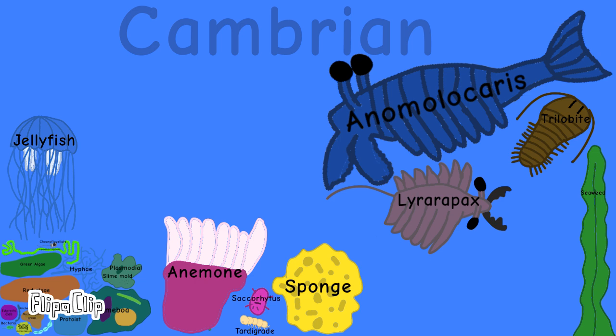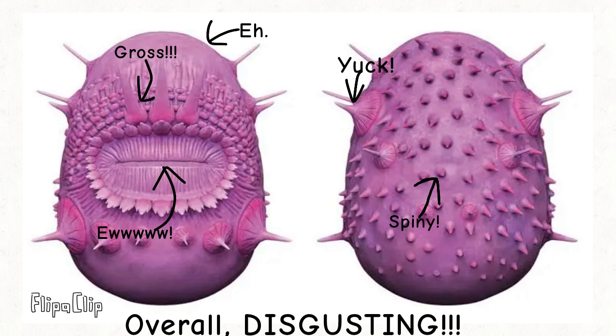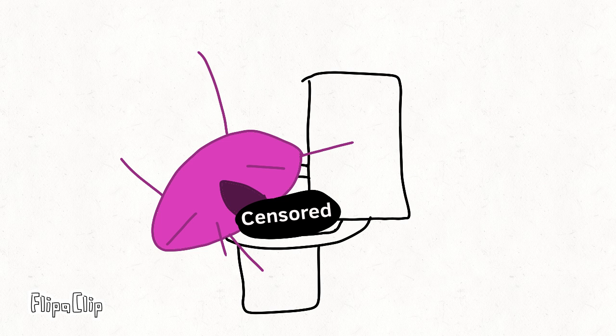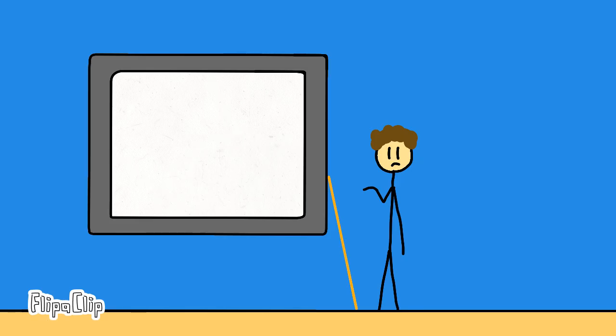Saccharidus, pretty much one of the weirdest animals in this video. I mean, it poops out of the same hole that it eats, which, again, is extremely weird. Luckily, these guys are extinct, so we don't have to look at them and go ugh in the future.